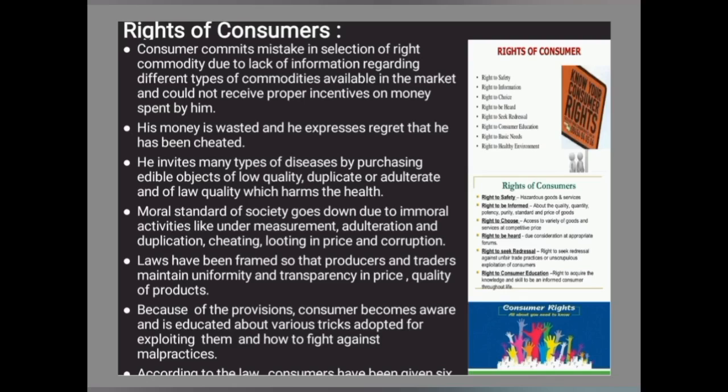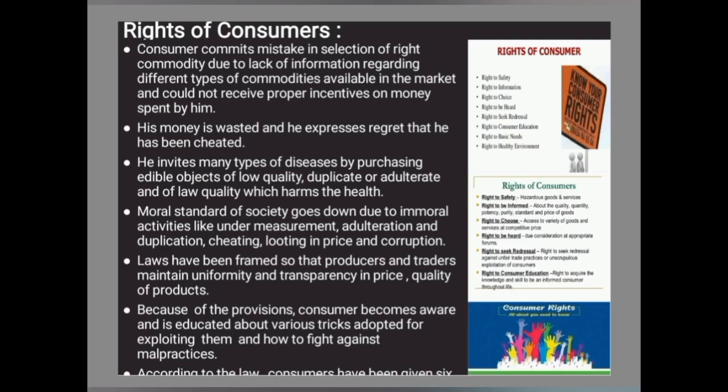His money is wasted. He expresses regret that he has been cheated. In it, he invites many types of disease by purchasing edible objects of low quality, duplicate or adulterated, which harms the health.